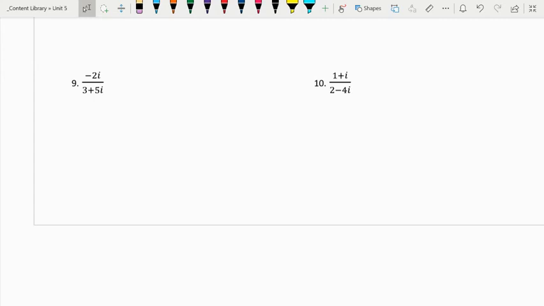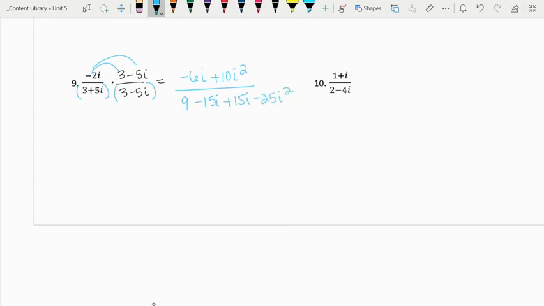So number 9, the conjugate would be 3 minus 5i. So if we distribute the negative 2i, we get negative 6i plus 10i squared. In the denominator, if we distribute and FOIL, we would get 9 and then minus 15i plus 15i, then minus 25i squared.